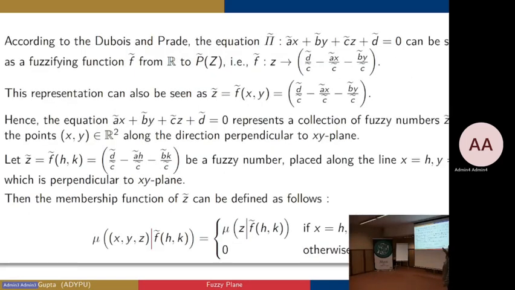According to this, the equation can be seen as a fuzzy affine function from real numbers to a collection of fuzzy numbers, which can be represented by this expression. So we can see that a fuzzy linear equation is a collection of fuzzy numbers, where the membership function of the fuzzy number z tilde can be represented by this expression.